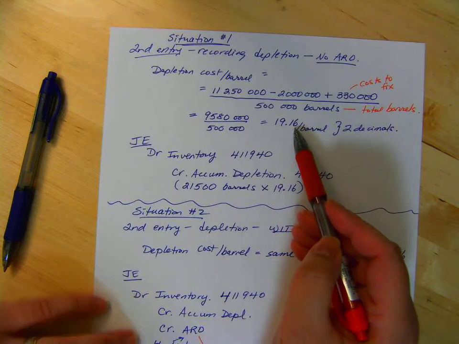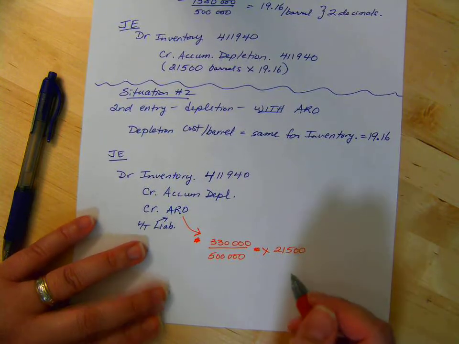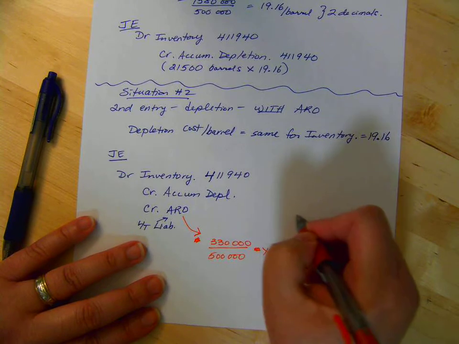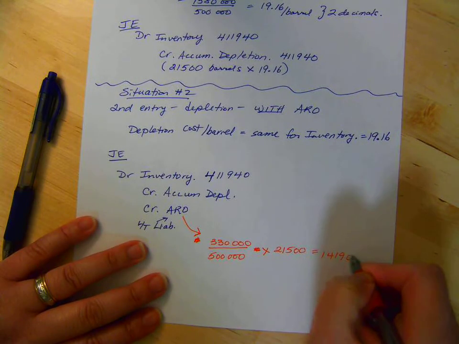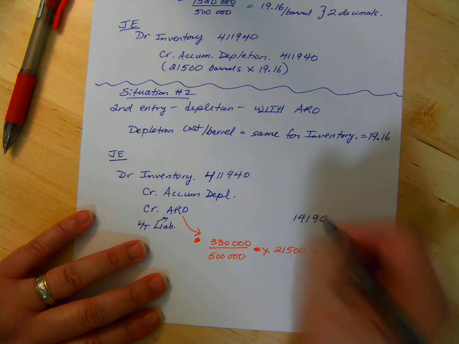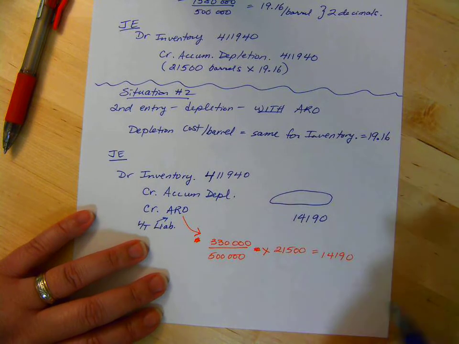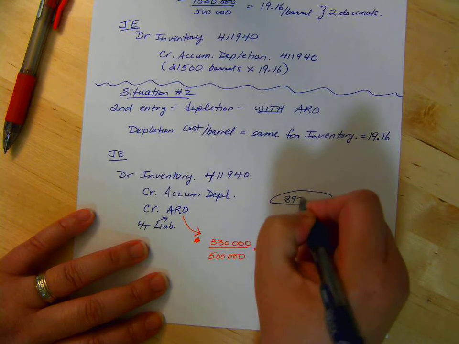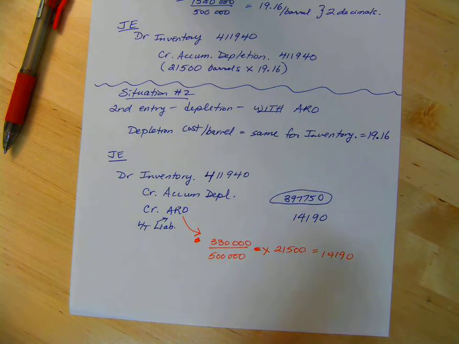First we did this, then we multiplied it. Same idea. So that works out to 14,190. So the ARO is 14,190. And that means accumulated depletion is the rest. You just fill in the blank, and I hope this is right. 397,750. Okay.